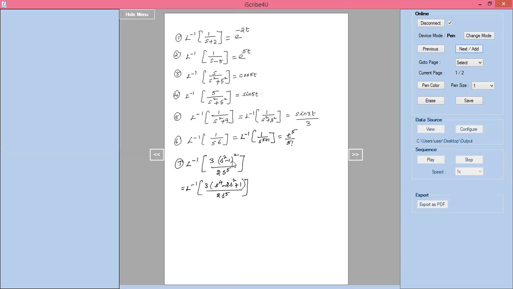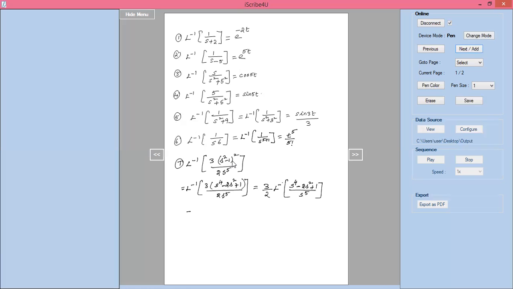Now here, 3 by 2 is constant, so I'll take 3 by 2 outside: L inverse of s power 4 minus 2s square plus 1 divided by s power 5.